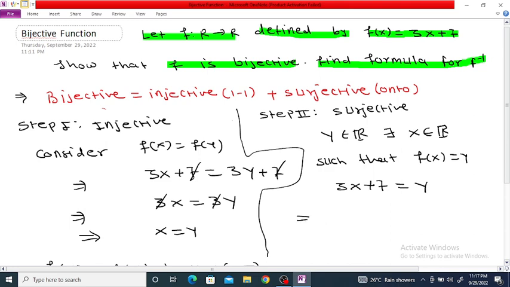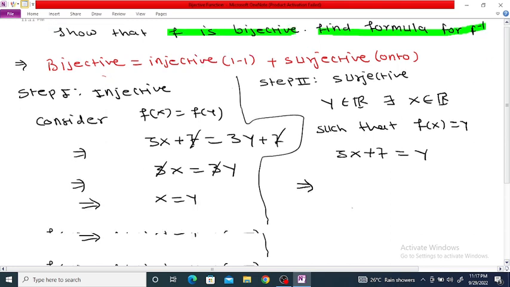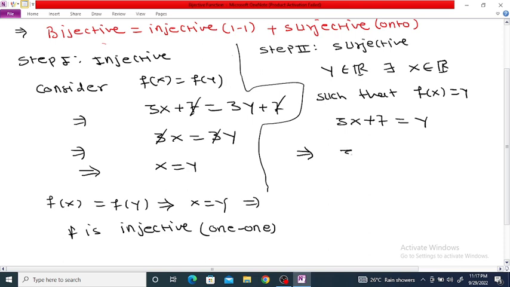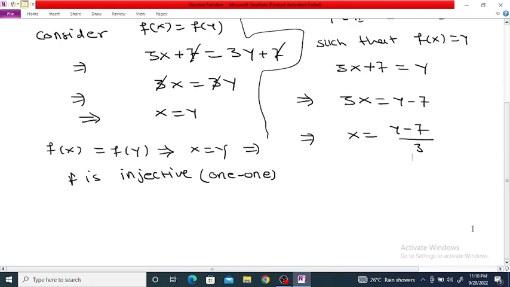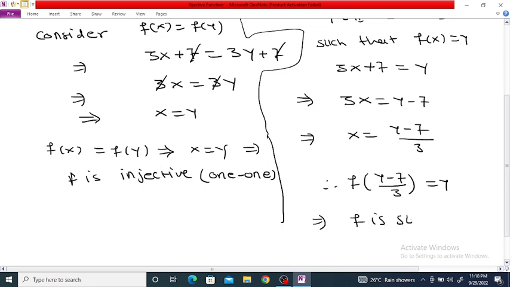If we solve this for x, we get 3x is equal to y minus 7, so x is equal to (y minus 7) by 3. Therefore f of (y minus 7) by 3 is equal to y, and this implies f is a surjective function.